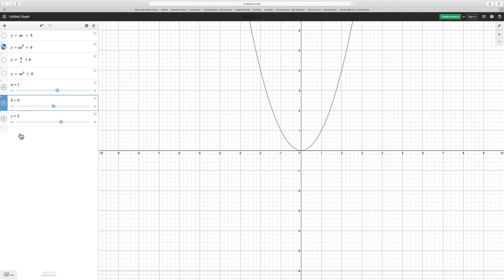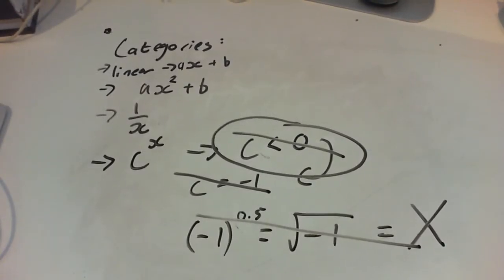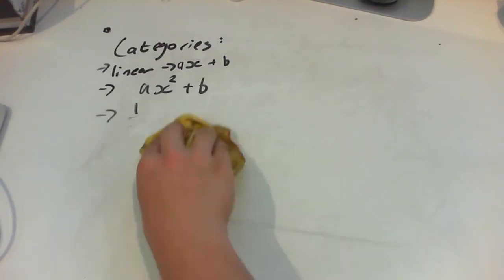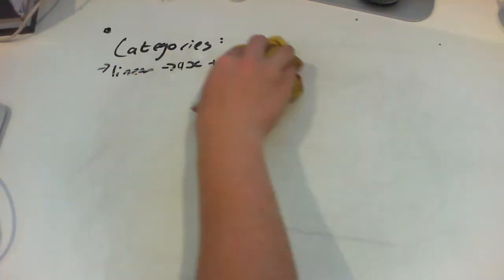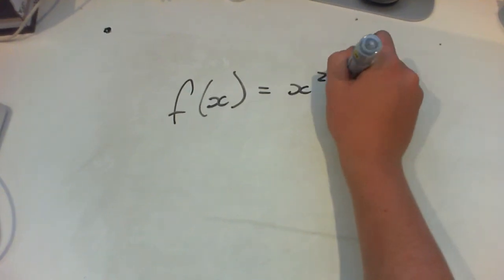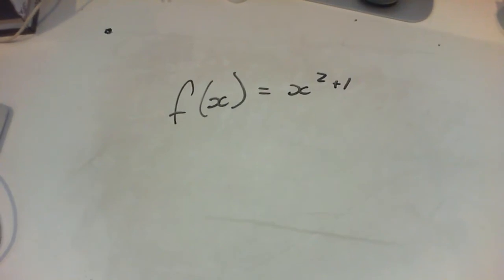Now we want to ask, let's move back to the camera. If we have this graph, we want to know when in this graph is x greater than 0.